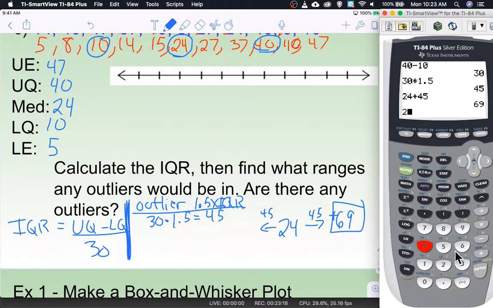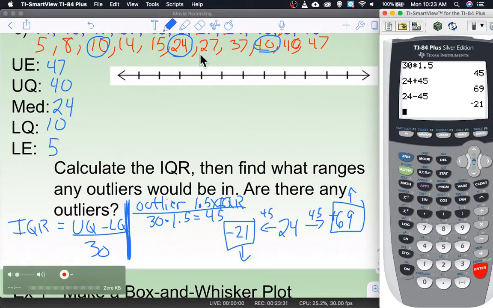And then 24 minus 45 is negative 21, and smaller is an outlier. So now we can see that none of our values are outliers. They're all between negative 21 and positive 69. So we can continue.